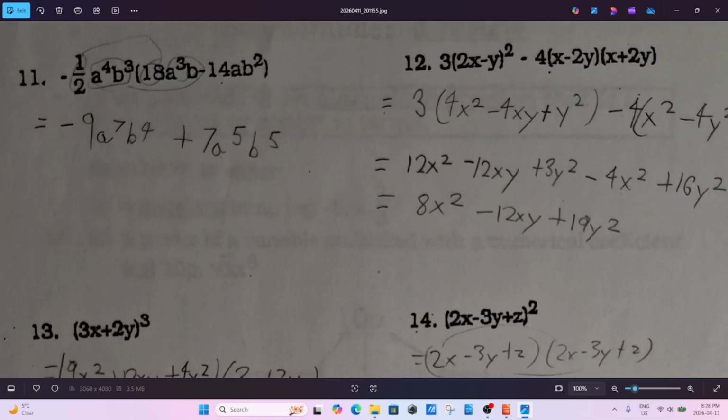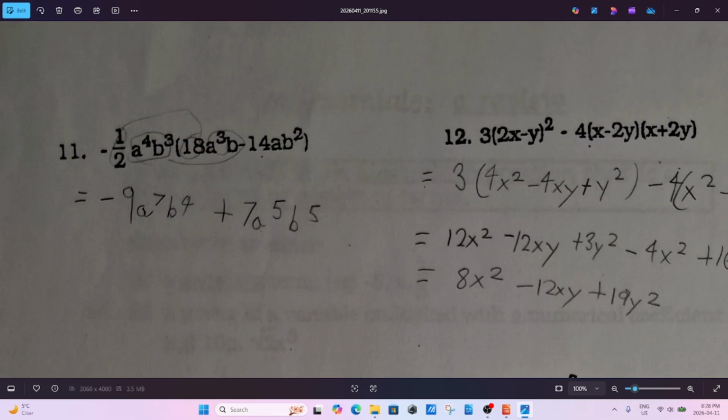So question 11, negative 1/2 a to the 4 b to the 3 plus 18a to the 3 b minus 14ab squared. So what you do is you do the negative 1/2 times 18, you get negative 9.